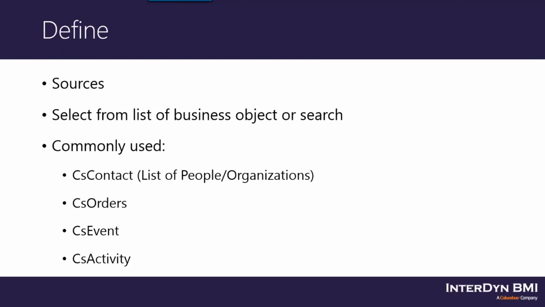So we're going to talk about building some sources, and I'm going to go through a couple of slides, and then we're actually going to get into the actual building pieces. We are going to choose the business objects and sources, and some of the commonly used ones are CS contact, orders, CS event, CS activity. We're going to use a couple of those today.